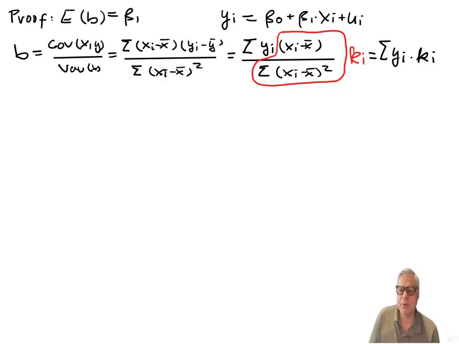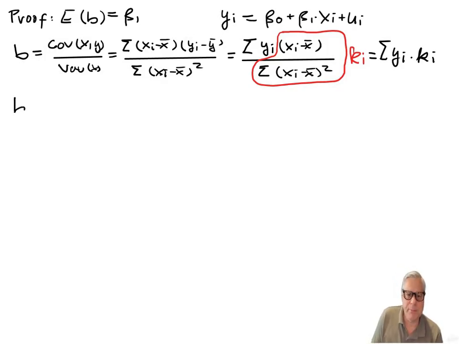Okay, so next, because we want to show that the expected value of B is equal to beta 1, I have B on the left side of the equation and yi here. All I need to do now is replace yi by the formula beta 0 plus beta 1 times xi plus ui.